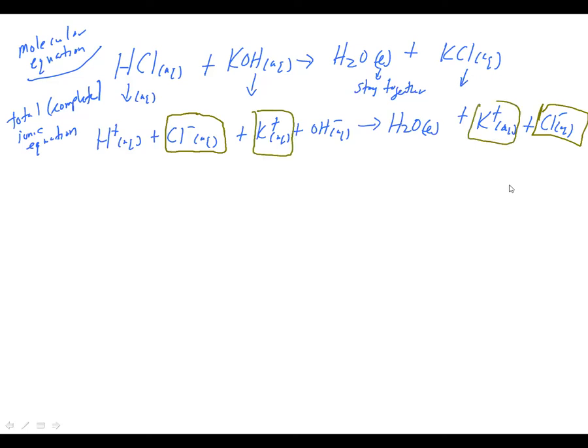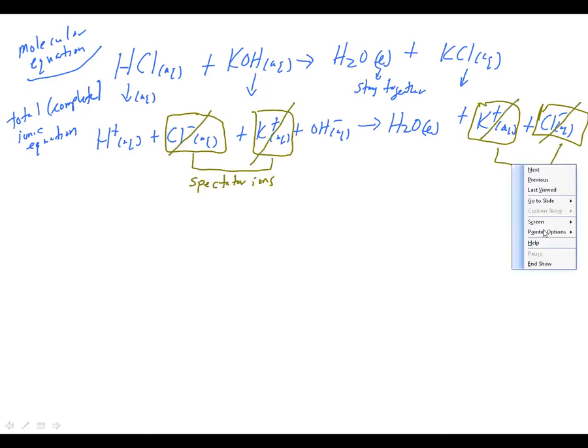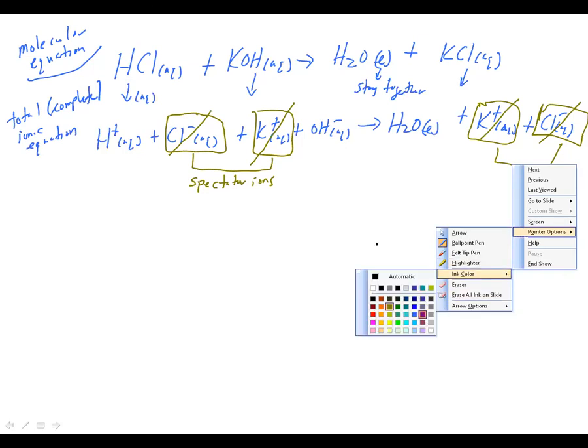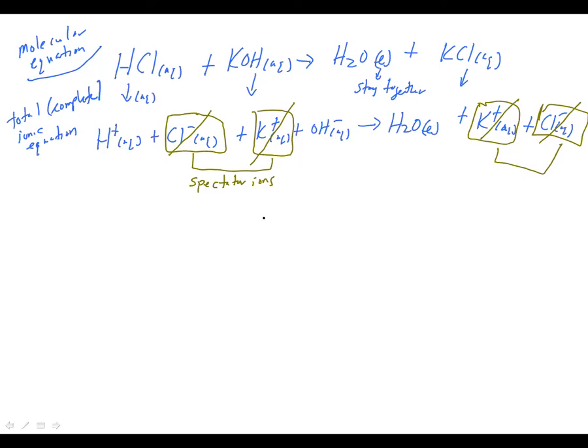And spectator ions, much like the name implies, are really not involved in what's happening in this reaction. It is only the ions that are coming together to make the product of this reaction, which means the overall reaction that's truly happening is the H plus from the acid coming together with the OH minus from the base, and we're going to make, as you guessed, water, H2O.